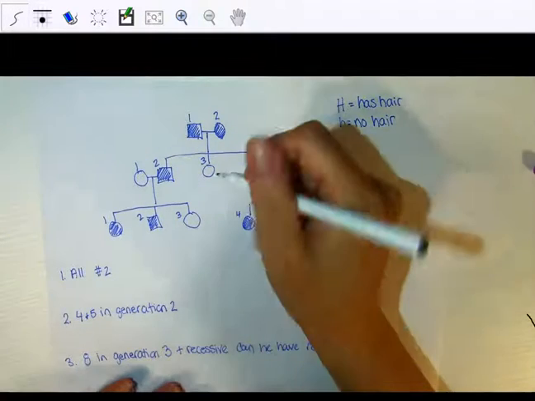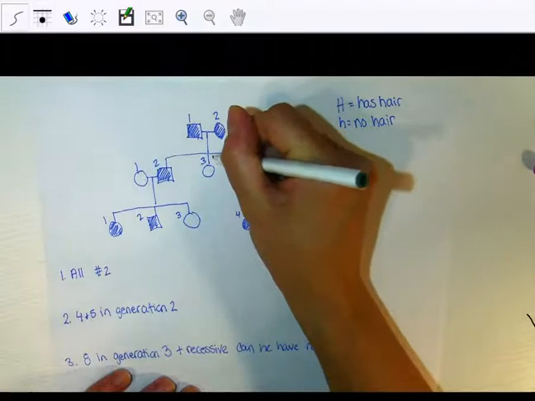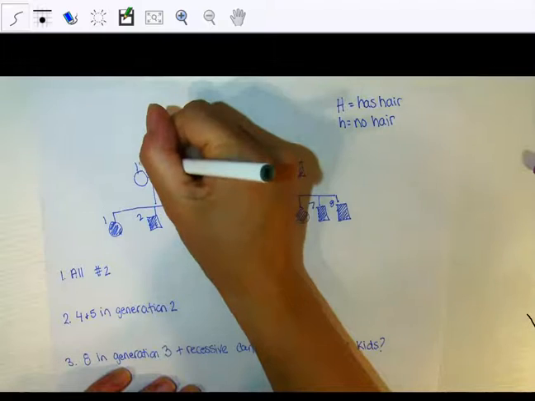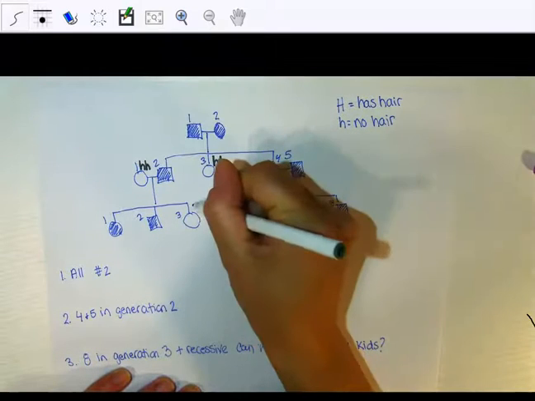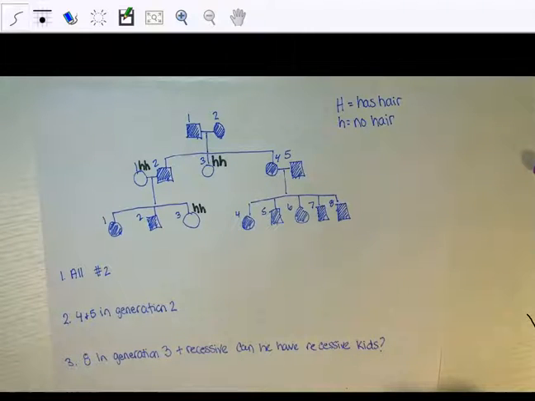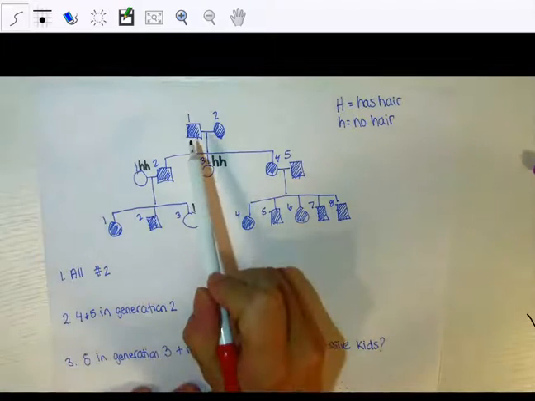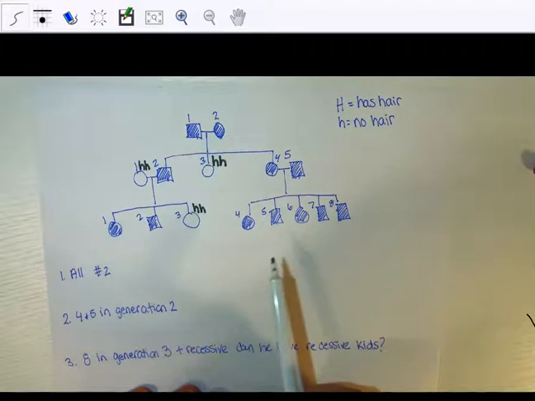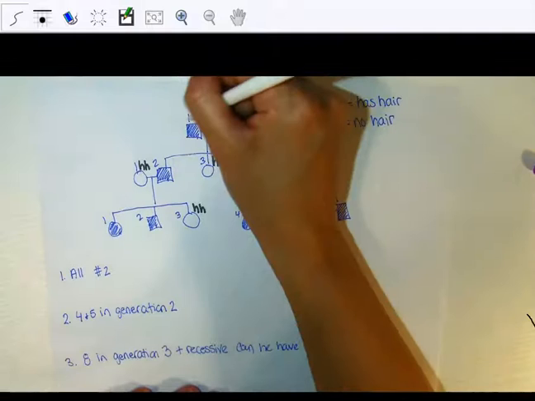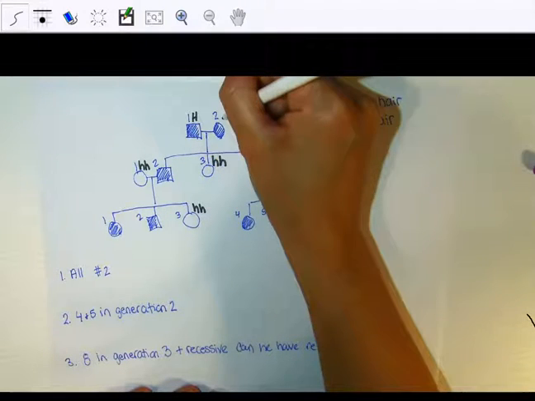So I'm going to put on this guy right here, I know he is little h, little h. Same with this one, this one. Those are the ones that I know immediately by looking at them. And then I'm going to say, okay, everybody that is shaded in, I know they have at least one big H. So I'm going to go ahead and put that with all of them.